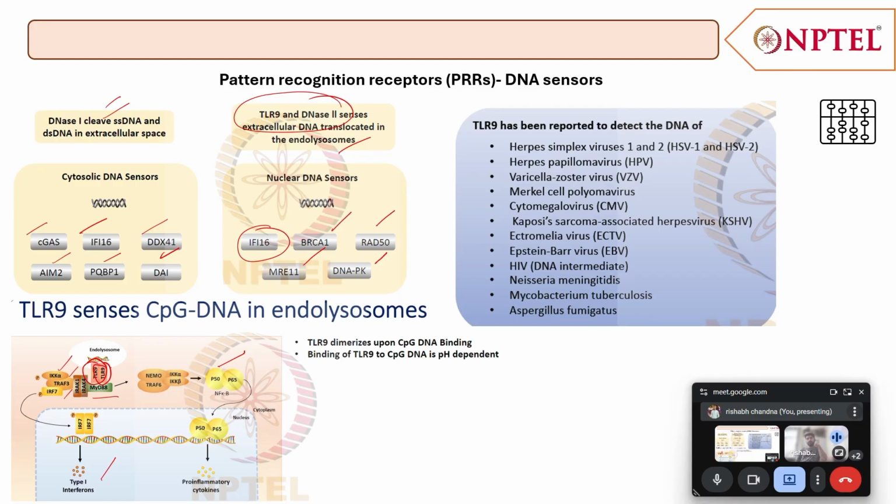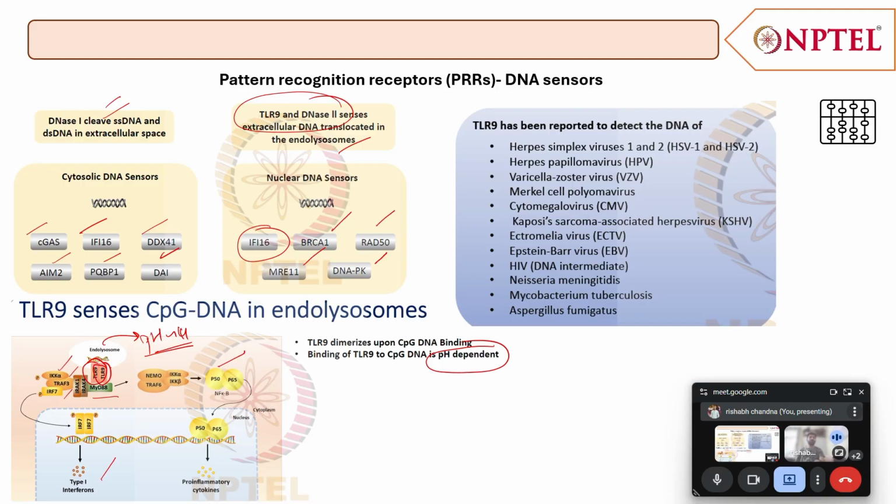The important thing is that the binding of TLR9 to CpG DNA is pH dependent, because the endolysosome pH is nearly 4. So this is how the binding and activation of the inflammatory pathway through TLR9 takes place.